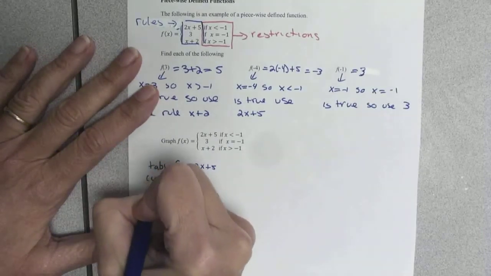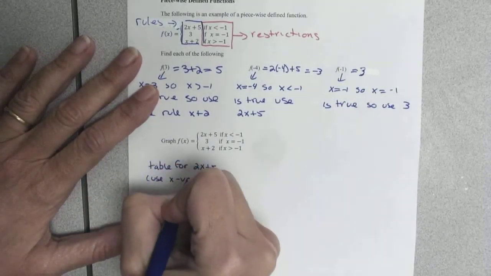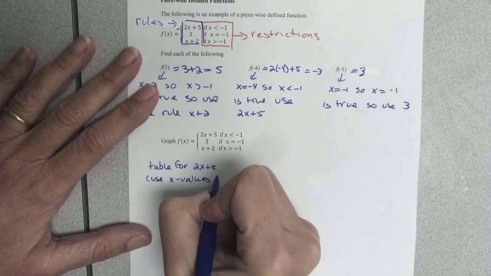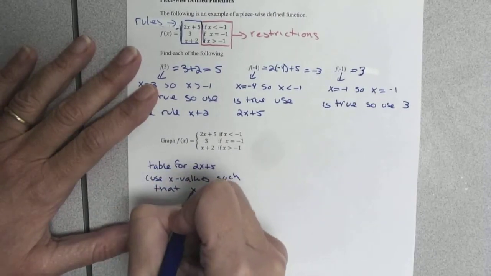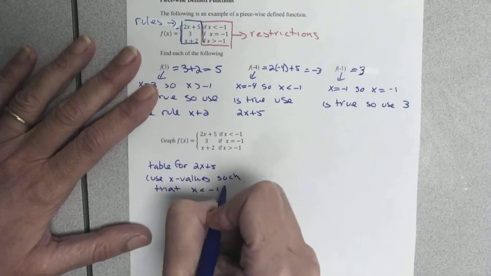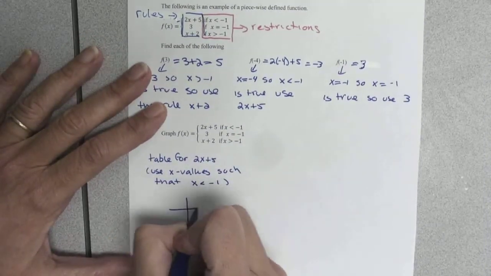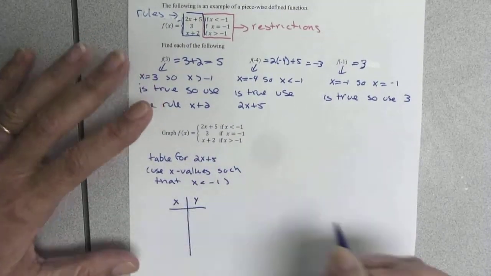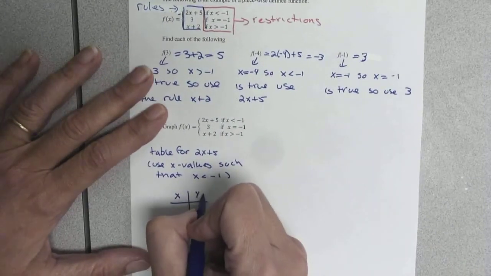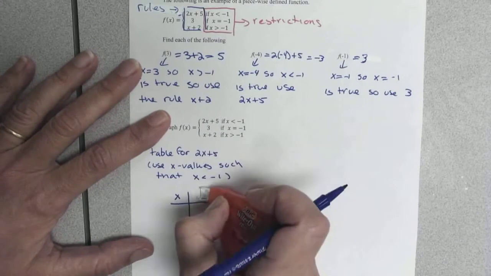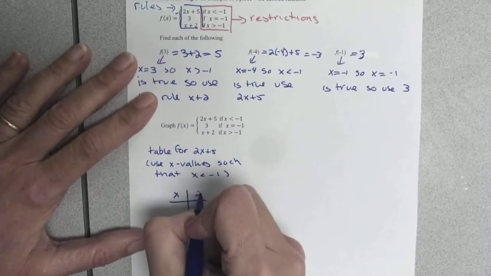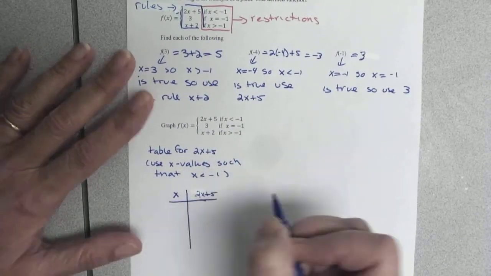And here we should use x values such that x is less than -1. So x, and let's just put here 2x plus 5.